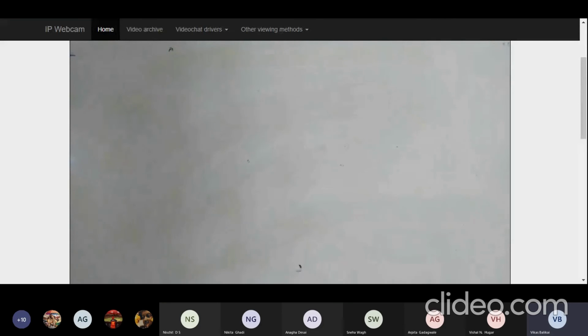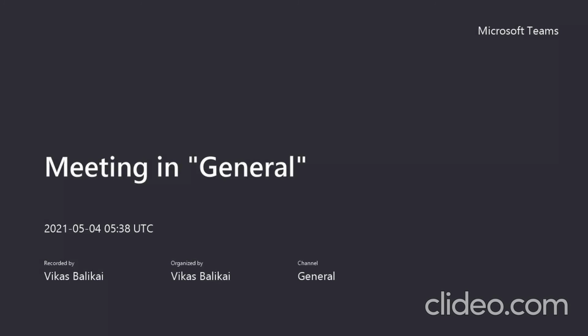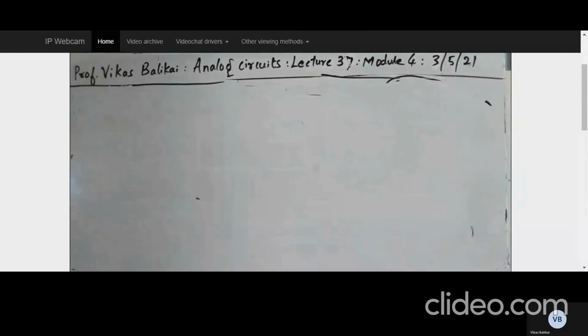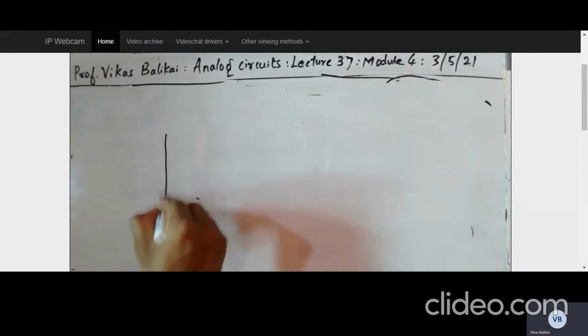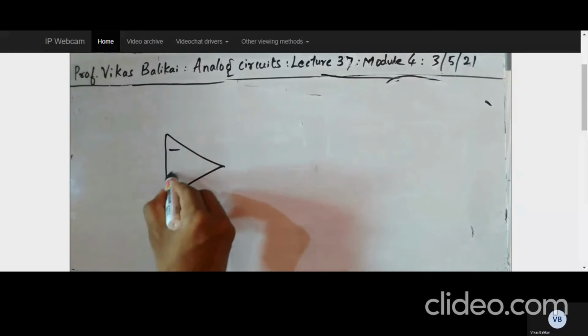Now, as the name says, non-inverting configuration, the basic circuitry would look something like this. So let us try to understand the non-inverting summing amplifier. This is how the basic circuit diagram looks.